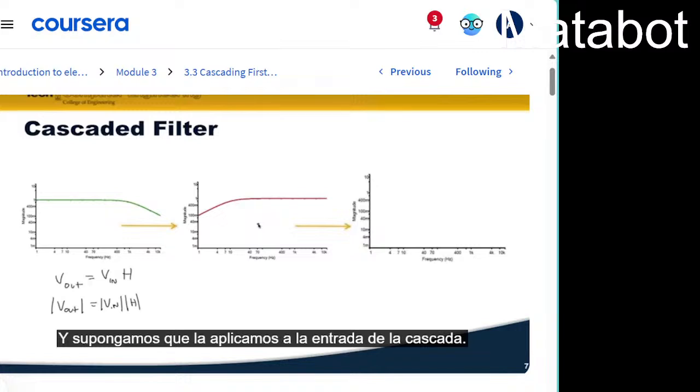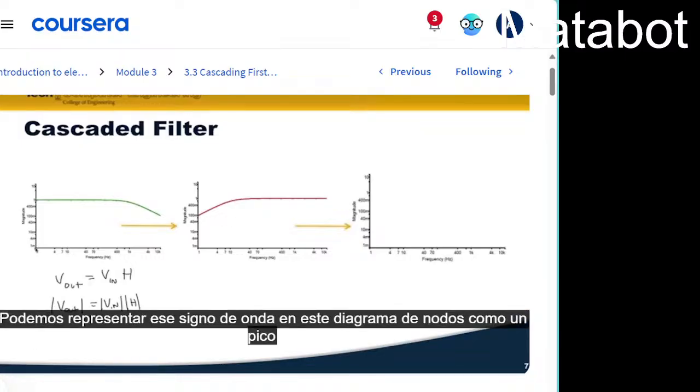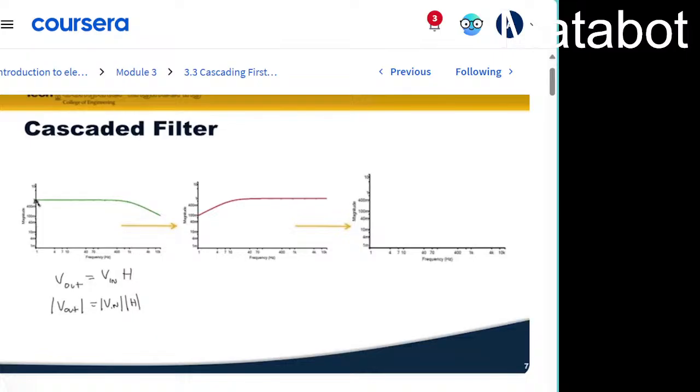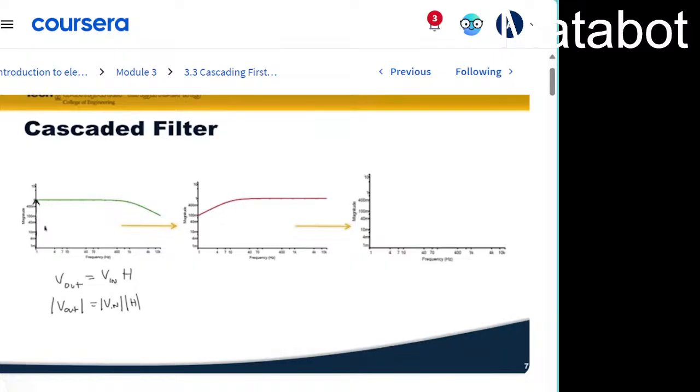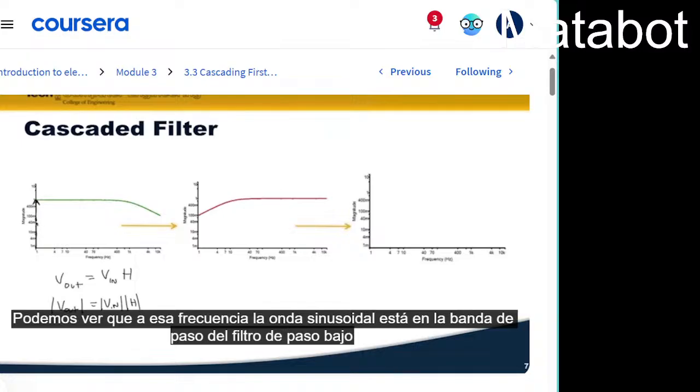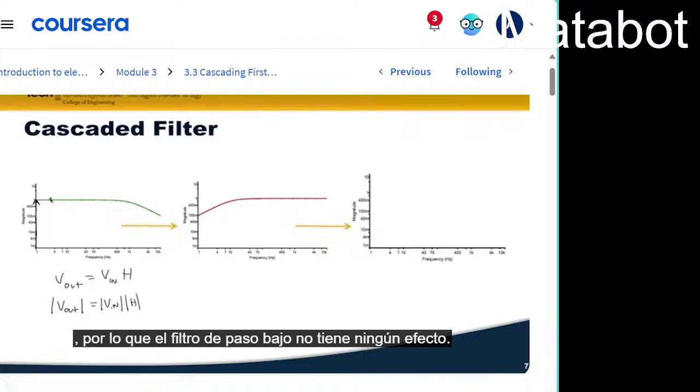And let's assume we apply to the input of the cascade a sine wave of frequency 1 Hz and amplitude 1. We can represent that sine wave on this Bode plot as a spike located at frequency 1 Hz and having amplitude 1. We can see that at that frequency, the sine wave is in the pass band of the low-pass filter, so the low-pass filter has no effect.